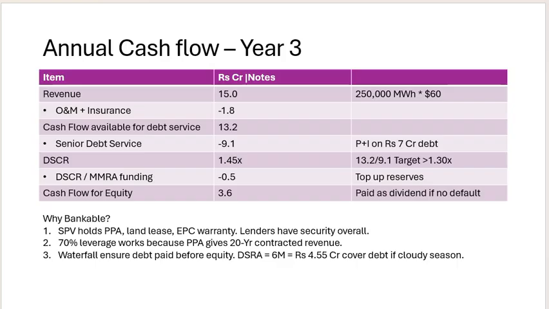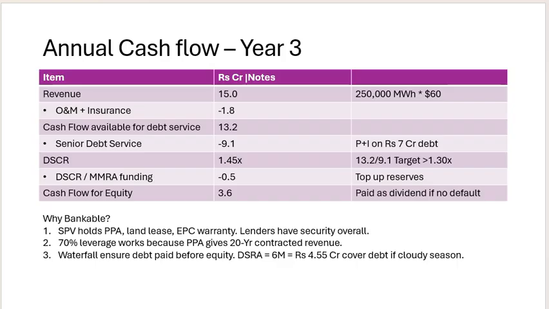So they have 13.2 crore of cash flow for debt service, and the senior debt service is 9.1. The debt service coverage ratio, which is nothing but the cash flow available for debt service divided by the debt service, is 1.45x, and the target is 1.3x. So it is good and it is an acceptable project.